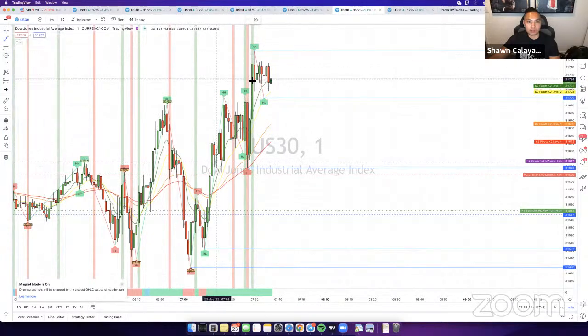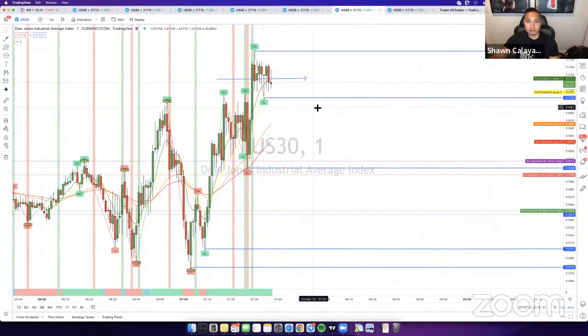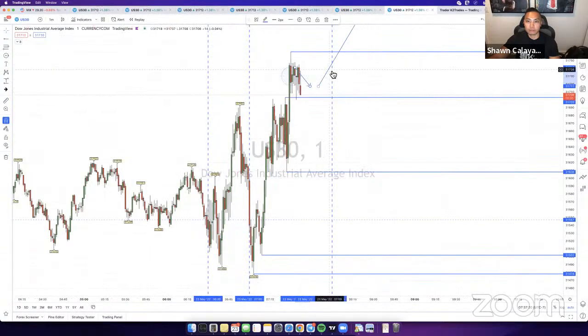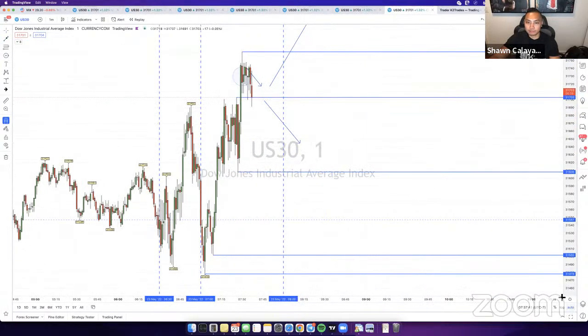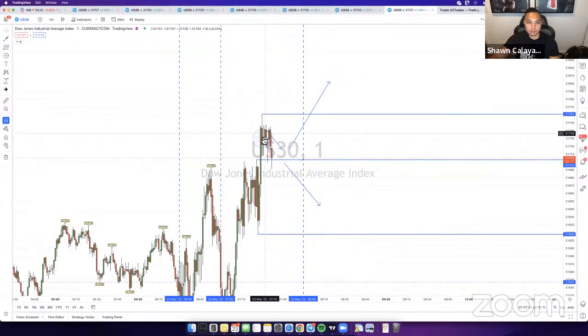Right, price is now ranging right here between this high and this low. There goes a retest. So here we go again, guys, same setup that I marked up earlier. You can see this was already up, right? We're looking for the retest and confirmation above.